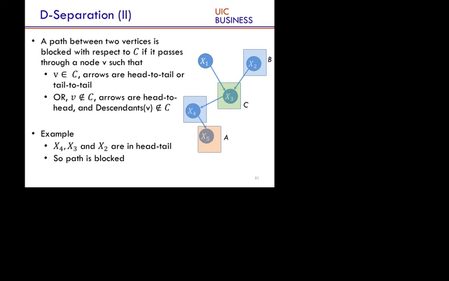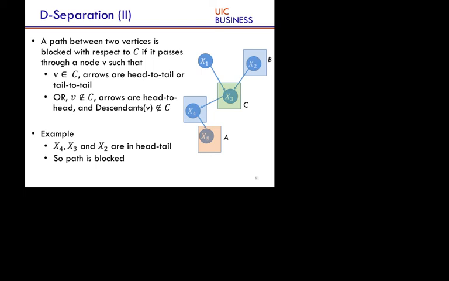So x4, x3, and x2. Here I have defined what A, B, and C are. So there's only one node in C, so let's focus on x4 and x2.